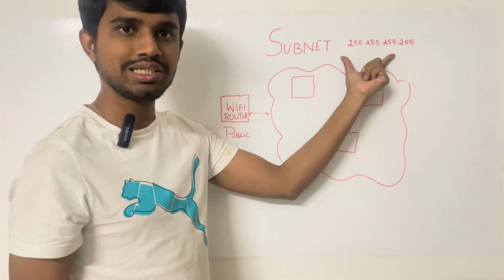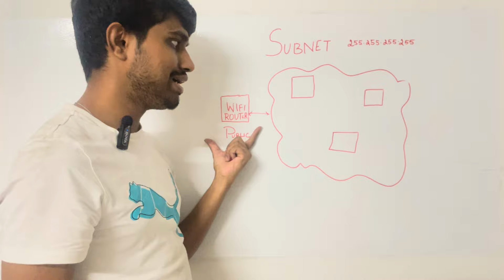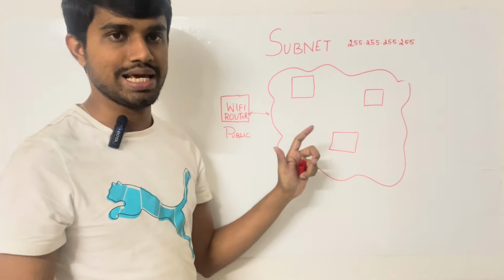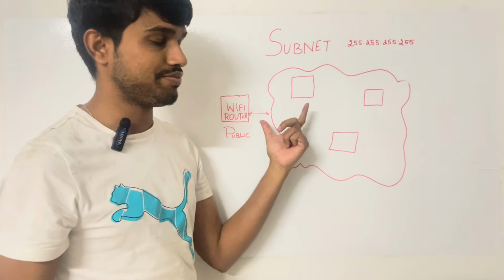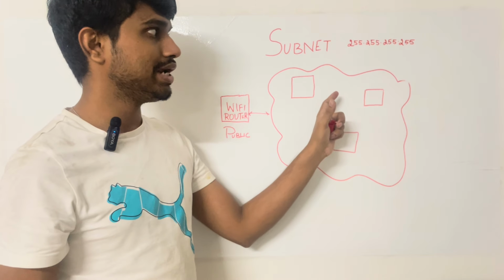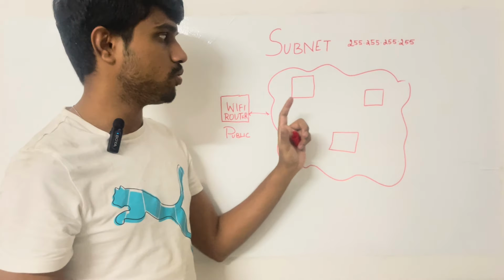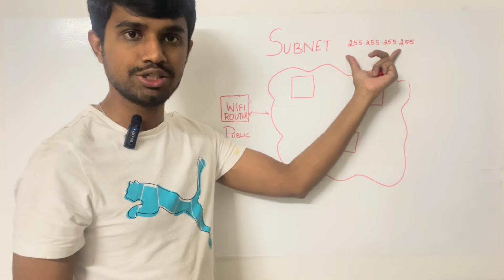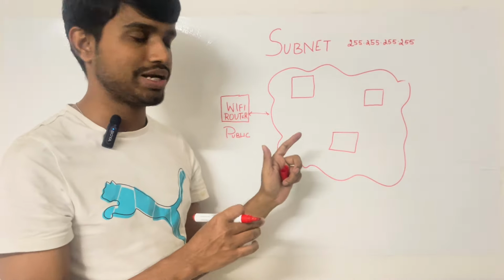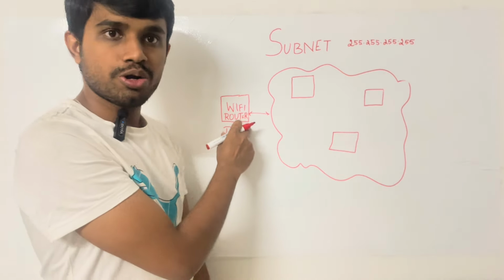To differentiate between addresses on the internet and the private addresses, there is a governing body which takes care of it, which I have explained in that video as well, called IANA. What they decided is that we will give a range of this to private IPs, so that all the private networks, like your Wi-Fi router, can use them.